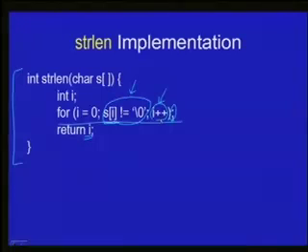Now we could have written the same string length function using pointer arithmetic as well. That is, instead of using s[i] to access the ith character in the string, we could have used something like star of s plus i, which would be the same as s[i].